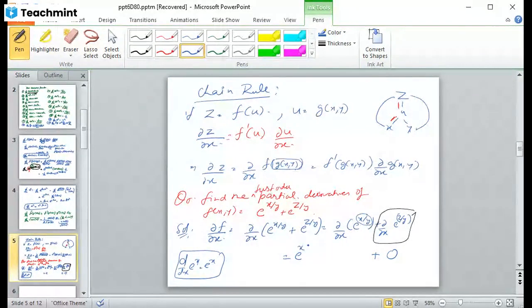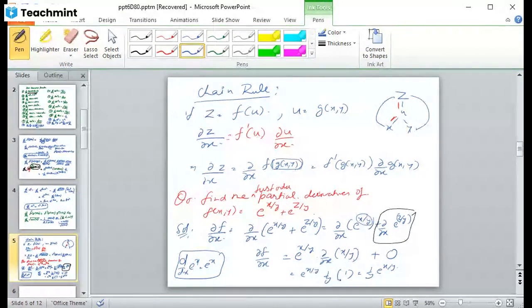When we differentiate with respect to x, 1/y is constant. So e^(x/y) into 1/y. The derivative of x is 1, so the answer is (1/y) e^(x/y).